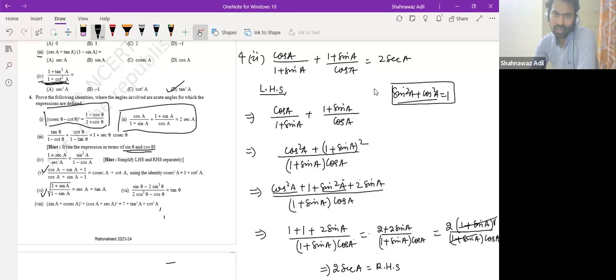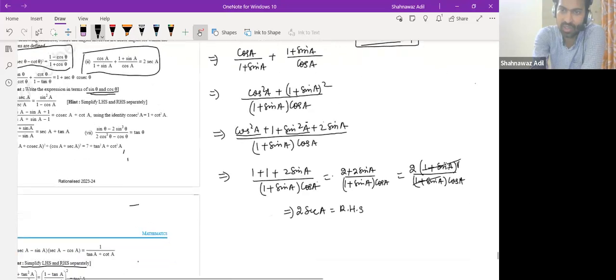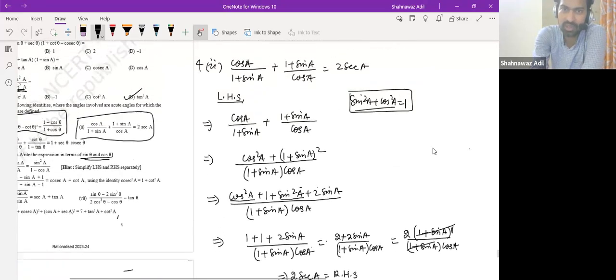So in this way, from the backup class, we are doing linear equations, and this will start from probability, then trigonometry. In this way, we'll revise all the chapters. But let us first complete this syllabus.